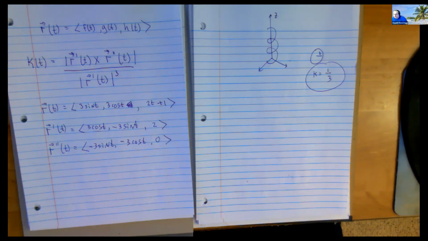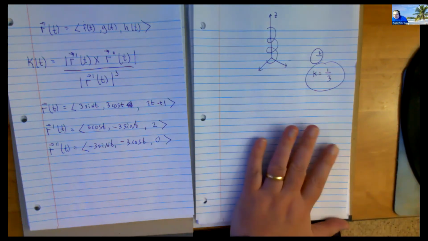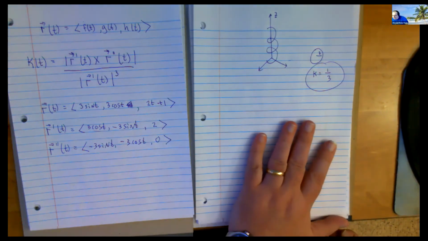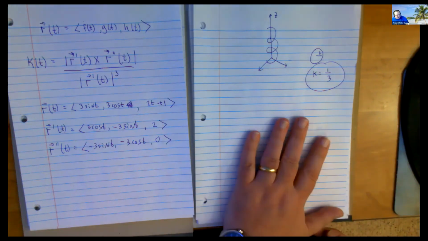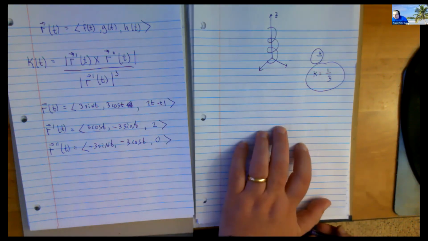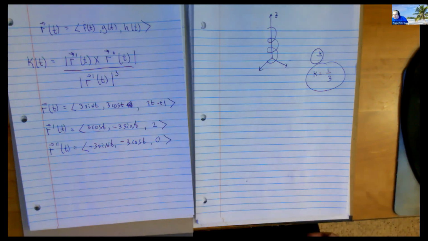So keep it simple is the goal of the questions we're going to do, so that we can get used to the process. I strongly suspect that the book knows that, so when you get these curvature questions, you'll get things like helixes and maybe a straight line, something that's not going to be too onerous on the brain.